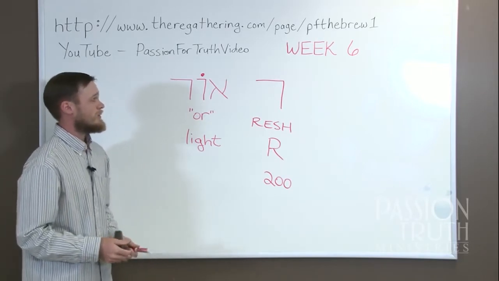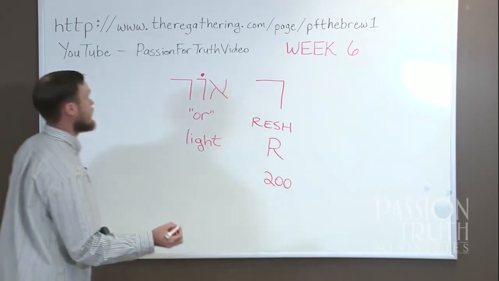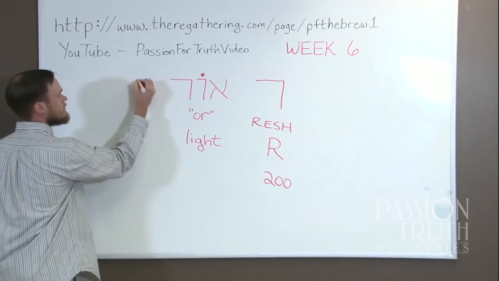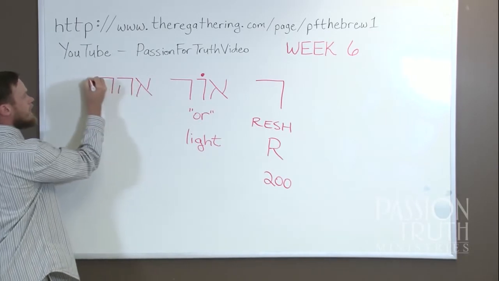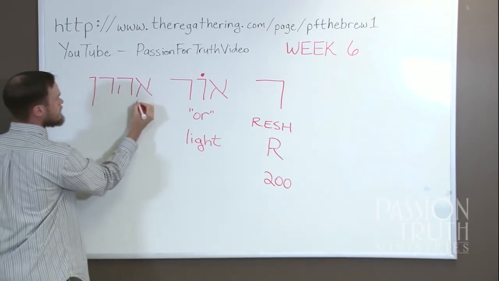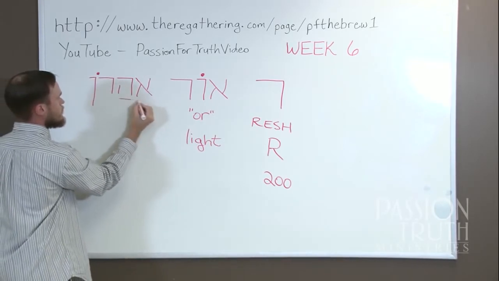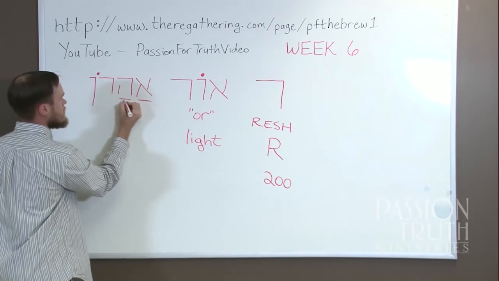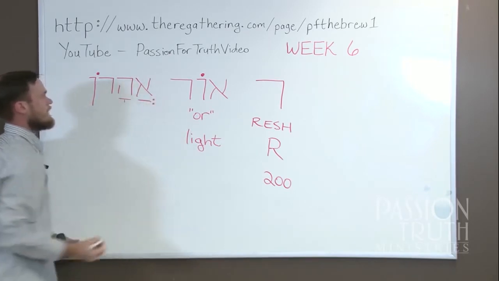And or is thought to be the basis of the name of Aaron, although Aaron is spelled a little differently. Aaron in Hebrew is Aharon, and I'm not sure which combination of vowels actually this is. I suspect it's probably something like this, but don't quote me on that.